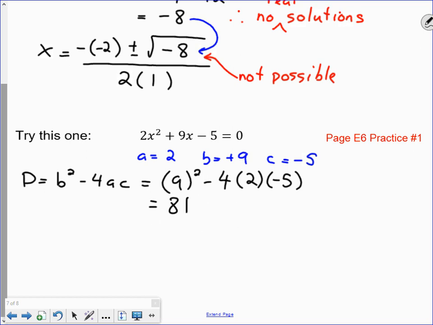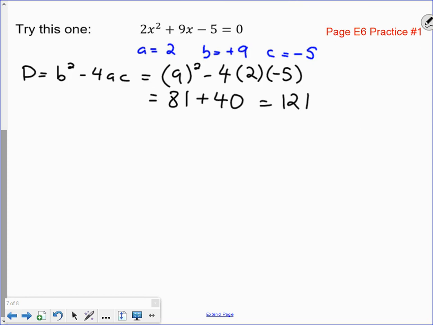That's what strips me up there. 81, 4 times 2 times 5 is going to be what? 41. No, 40. Yep. And it's going to be positive because the negative times negative gives us a positive. And then 81 plus 40 is going to be 121.